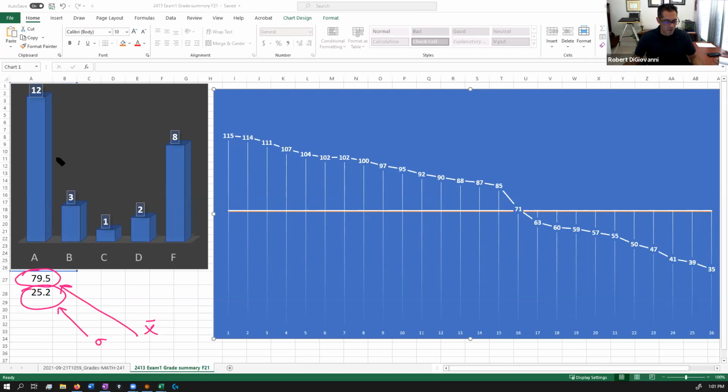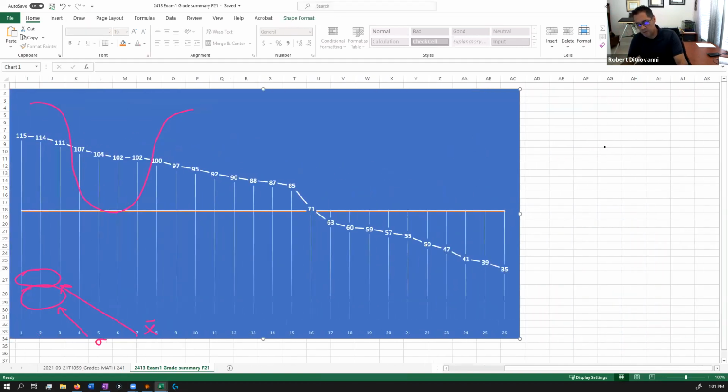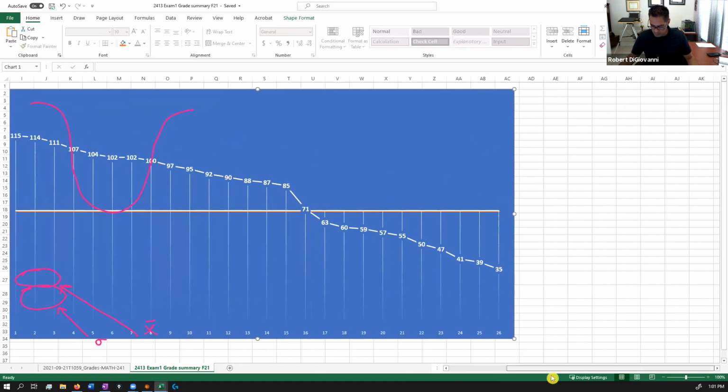And what we're seeing here with the A's, B's, C's, D's, and F's is an upside down bell curve. Normally we see bell curves, like if you were to measure people's heights.